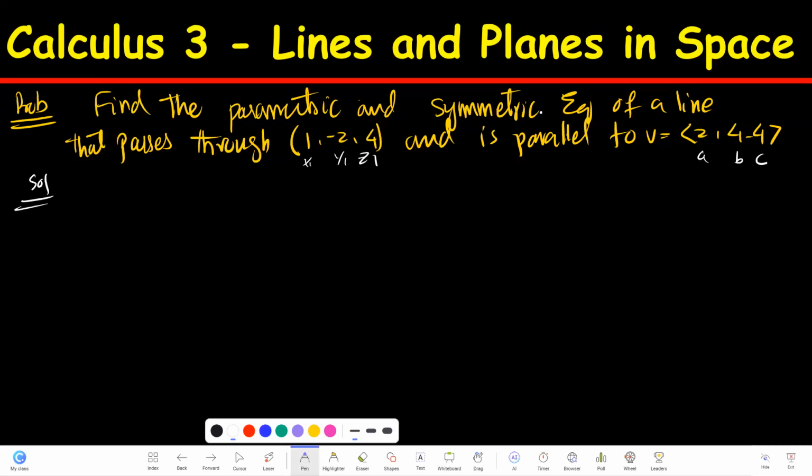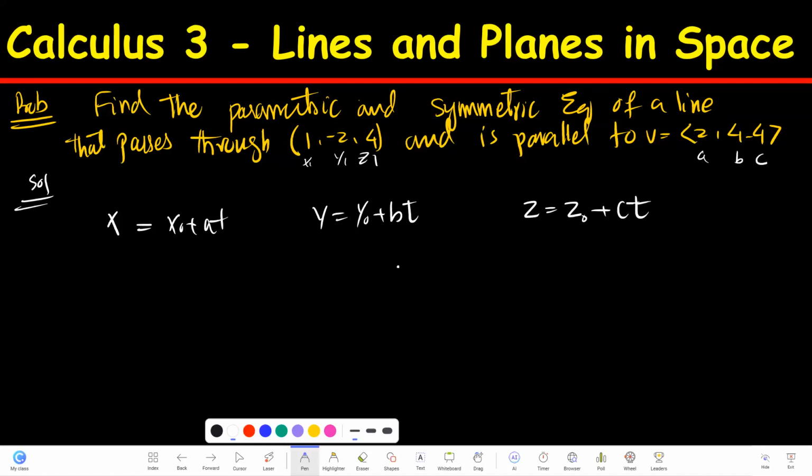Now I'm going to simply substitute, since we already know the concept. x equals x naught plus at, y equals y naught plus bt, z equals z naught plus ct.